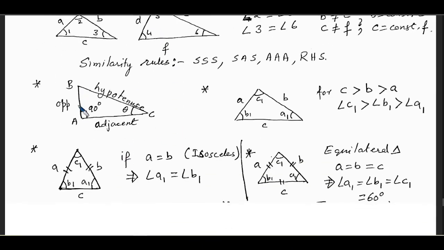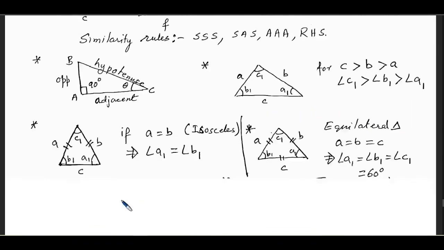For a right angle triangle, if the hypotenuse and one of the sides are the same in the two triangles, then they are again congruent. And we also saw that if C is greater than B is greater than A, then angle C1, the opposite angle, will be greater than angle B1, will be greater than angle A1. We also saw that if you have an isosceles triangle, if A equal to B, then angle A1 is equal to angle B1.